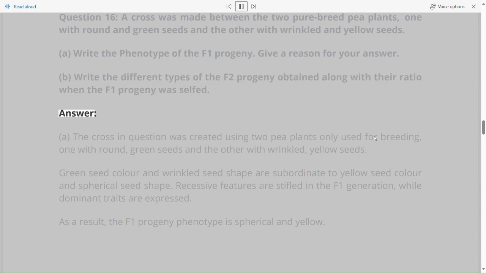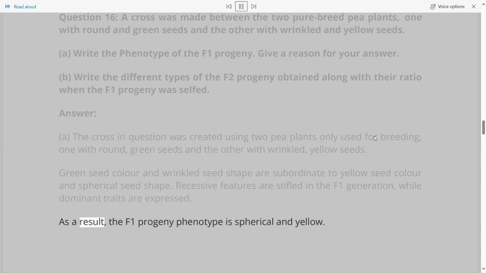Answer. A. The cross in question was created using two pure-breeding pea plants, one with round, green seeds and the other with wrinkled, yellow seeds. Green seed color and wrinkled seed shape are subordinate to yellow seed color and round seed shape. Recessive features are suppressed in the F1 generation, while dominant traits are expressed.